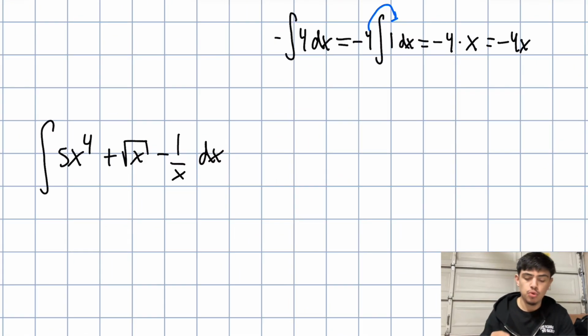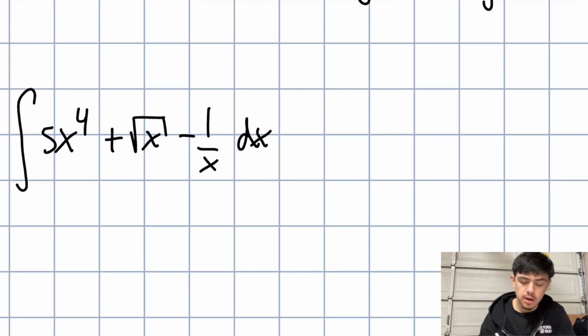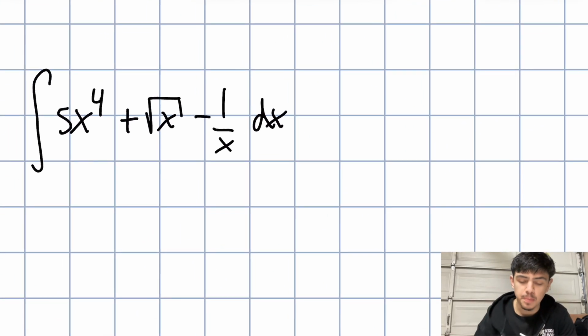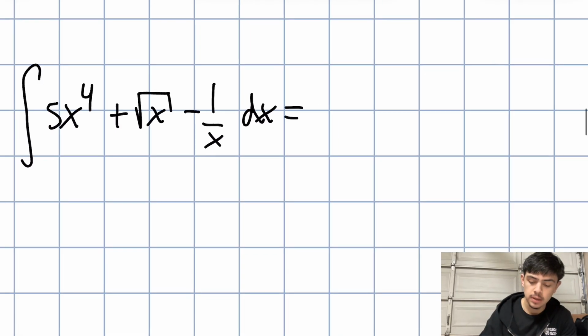Next example, we have the integral of 5x to the 4th power plus the square root of x minus 1 over x. Let's go ahead and attack this integral. Let's separate it into 3 separate integrals using our sum and difference property.